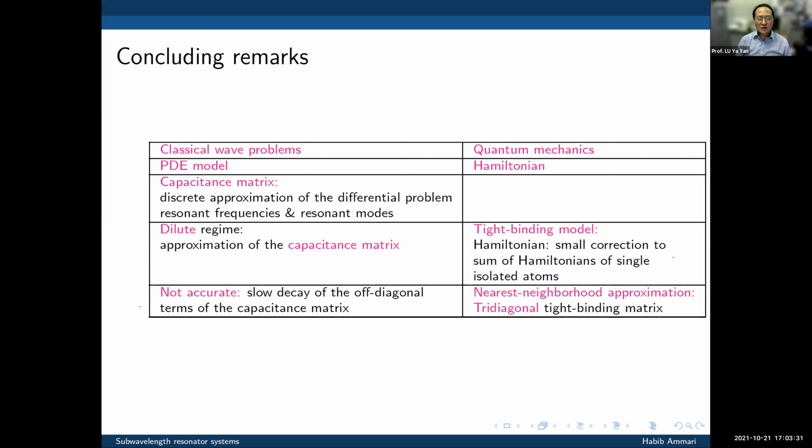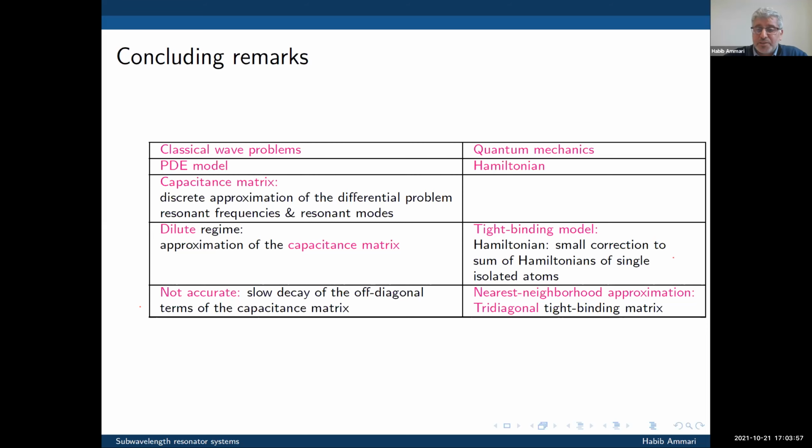I was a little confused about exactly what model you are doing. You seem to have an SSH kind of lattice with high index contrast particles, and then you also talk about the capacitance matrix. So mathematically, what is the underlying equation? Is it a Helmholtz equation?